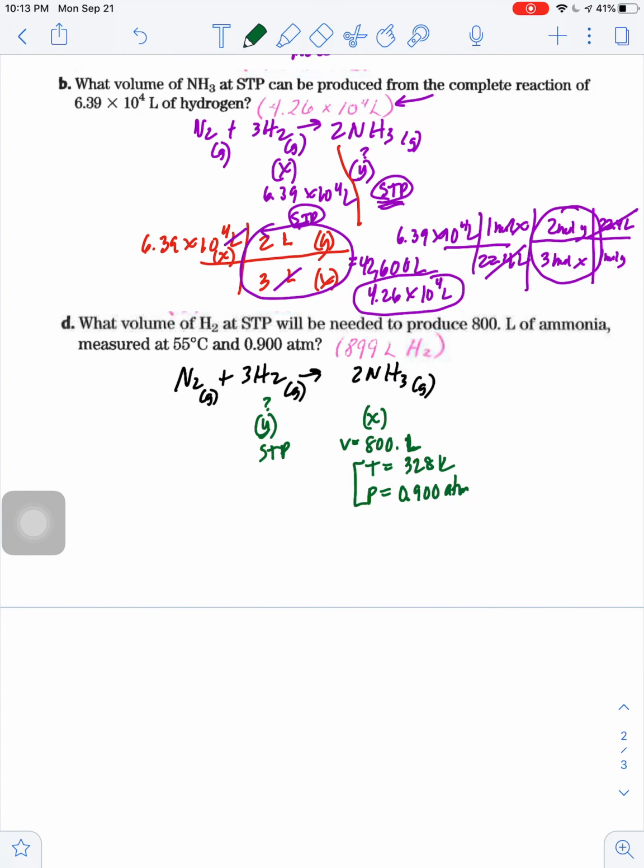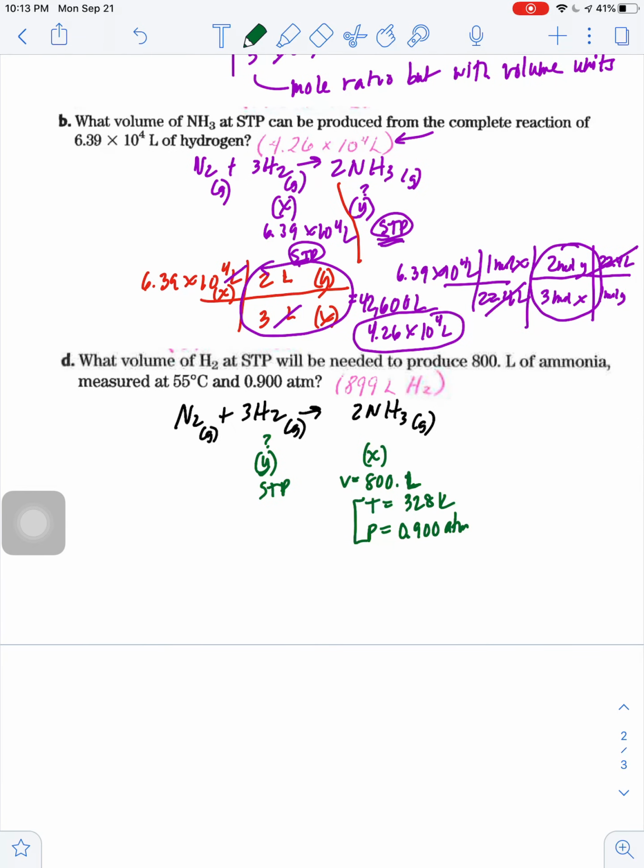So what would our plan be in this situation? Well, how do I get that 800 liters converted into moles? I need to take my volume of X, which is 800 liters, and convert it to moles of X, and then moles of Y, and then they are asking what volume, so we're going to go back to liters of Y. In my mind, it's always a good idea to plan out the process that you're going to have to go through.